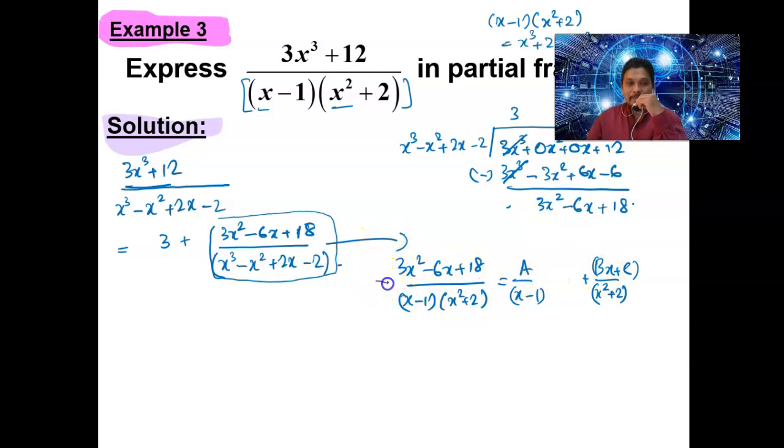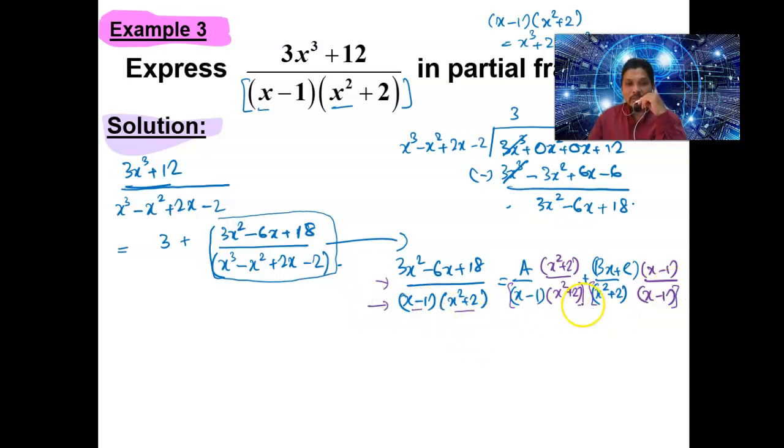We already have x minus 1, so we need another of x squared plus 2 divided by x squared plus 2, and here we already have x squared plus 2, so we need another of x minus 1 divided by x minus 1. So these two denominators are now equal.